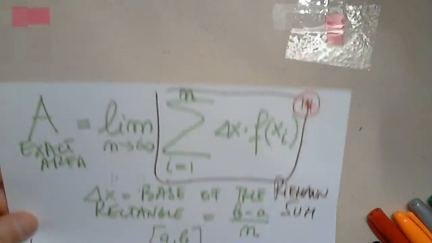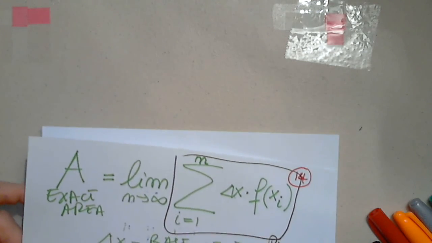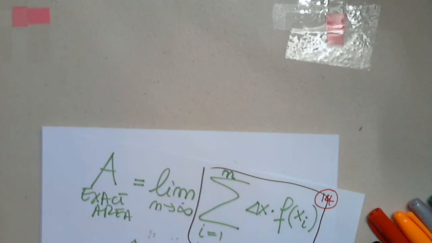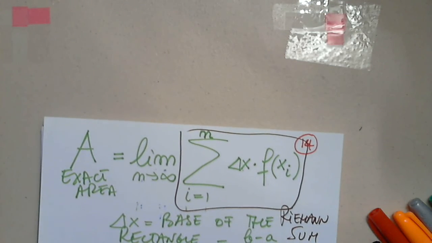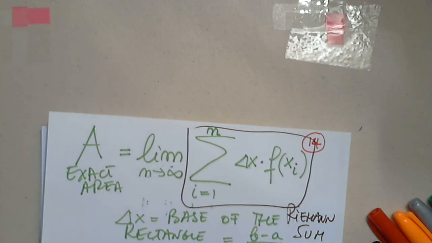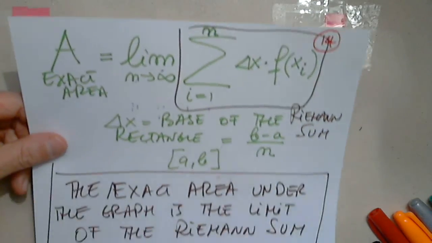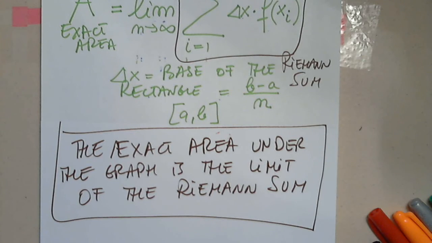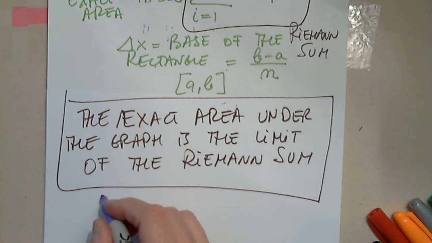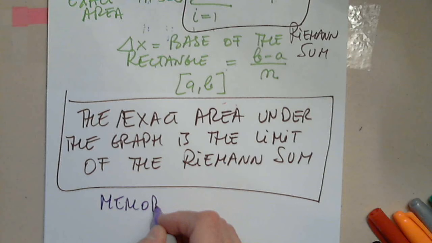Before I show you the technique of finding the exact area, and we're going to start with this function, we are trying to determine the area under the graph of x squared plus 2 between 0 and 2. I'm going to say something that I really don't like saying in general. We need to memorize. I don't like that. I prefer explaining, understanding, and then it will stay.